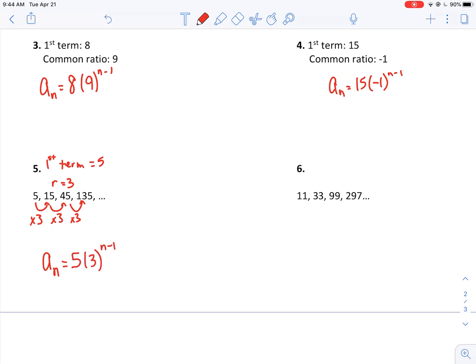So first term is 5. My ratio is 3. So nth term is what? Well, that would be 5 times 3 to the n minus 1.